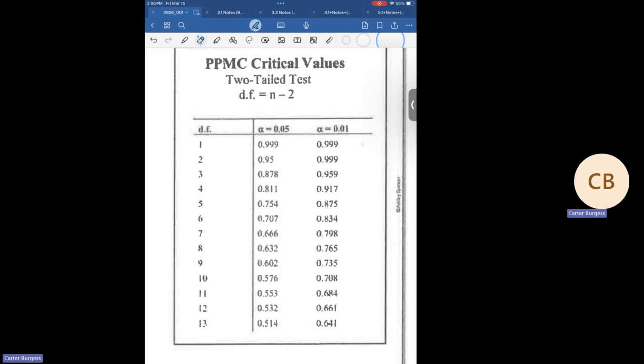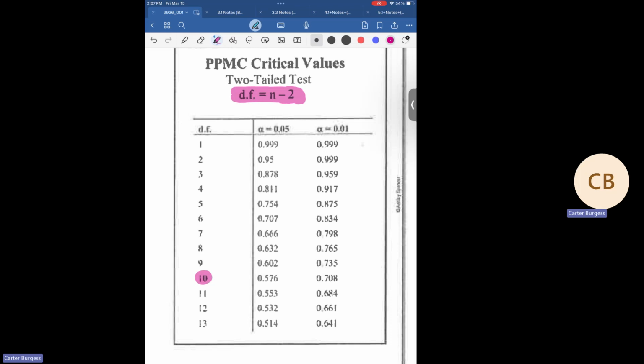It's at 10, right? Remember, for this table, we subtract 2 from our sample size to find the degrees of freedom. It'll be different for other tables; I think for chi-squared you subtract 1, but it depends. So we are going to use 10 here as our degrees of freedom.